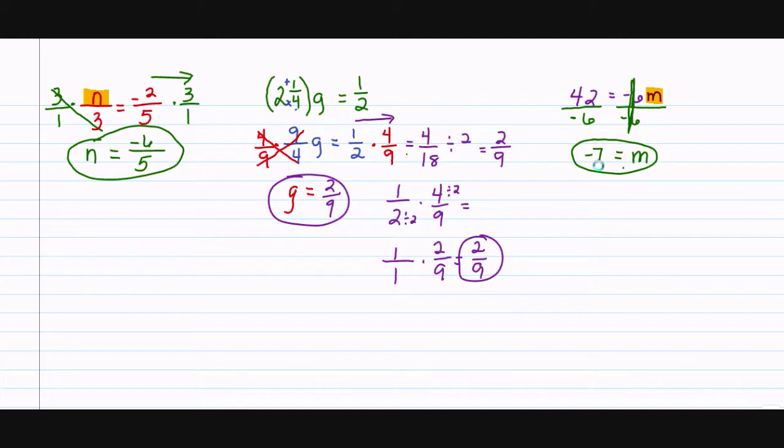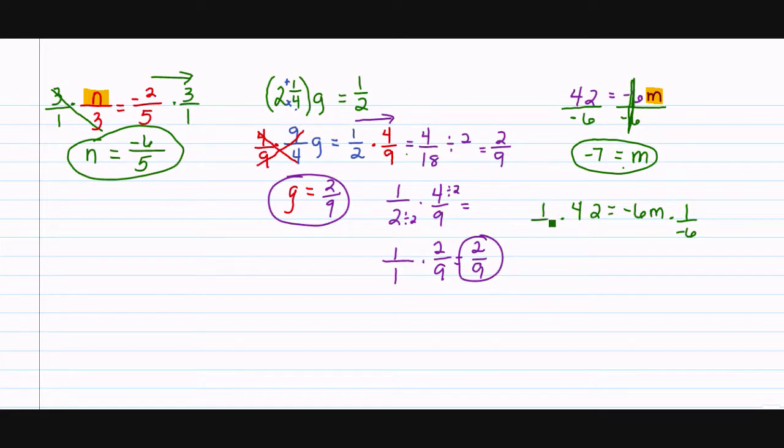Another way to do it, which I don't like this way, I like that way, but another way I have to teach you. If I have 42 equals negative 6m, the reciprocal of negative 6 is 1 over negative 6.